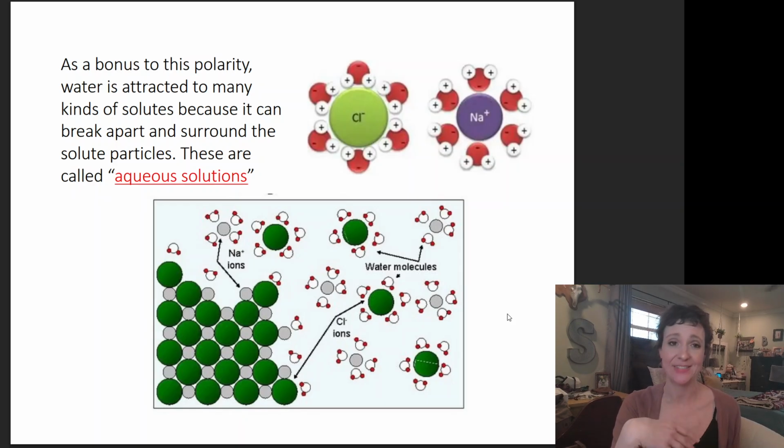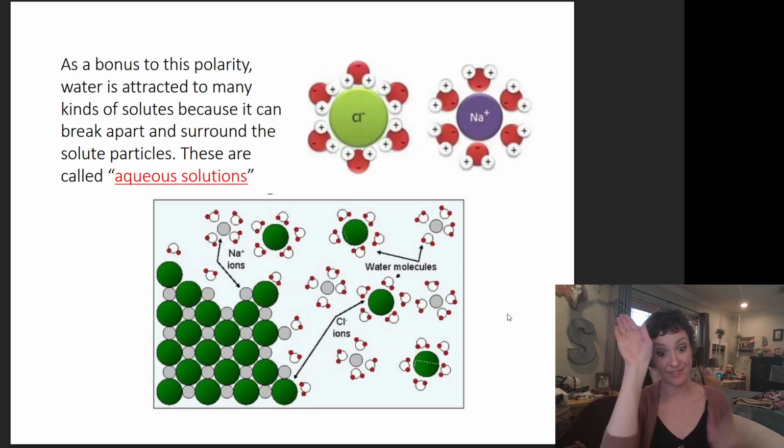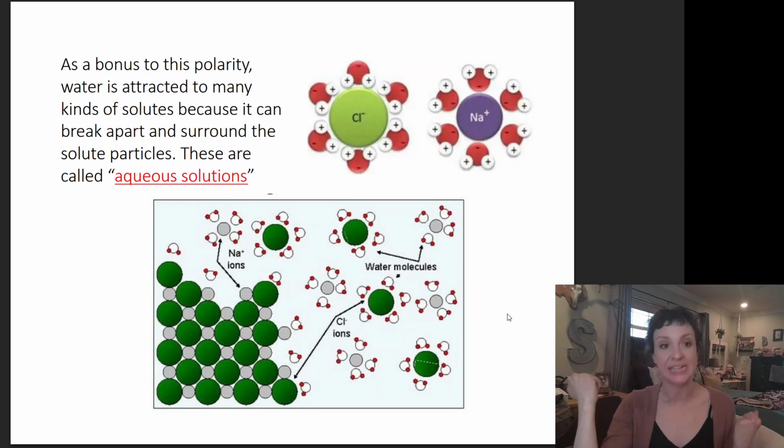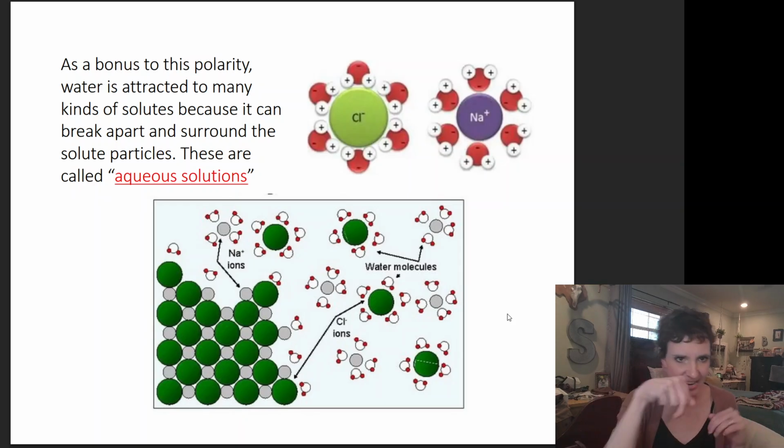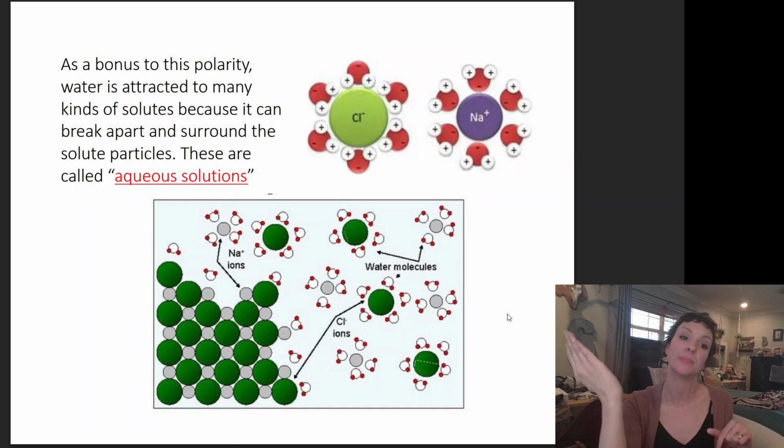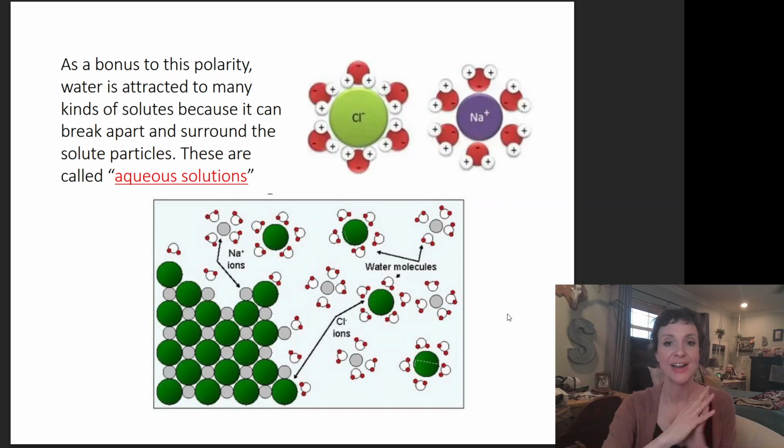As a bonus to this polarity, you guys, because water is kind of like a magnet with a positive end and a negative end, water can be attracted to many different types of solutes because it actually gets in there and by electrostatic attraction can help break apart stuff and help surround my solute particles. Okay, and as a review, when water is the solvent, those types of solutions are called aqueous solutions.